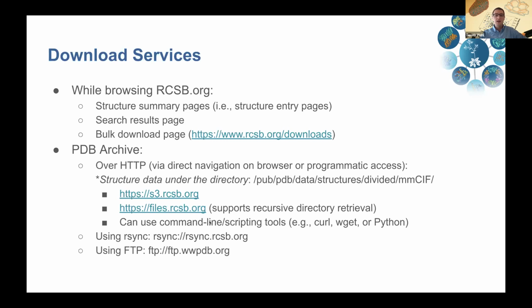And you can use any command line or scripting tools to access this, so curl, wget, or Python. And since the theme of this workshop is structured data, I wanted to emphasize that the structured data is located under this directory here. I'll give a quick demo of how to get there too, but this is where you can find a lot of the structured data. You can also use rsync and FTP.